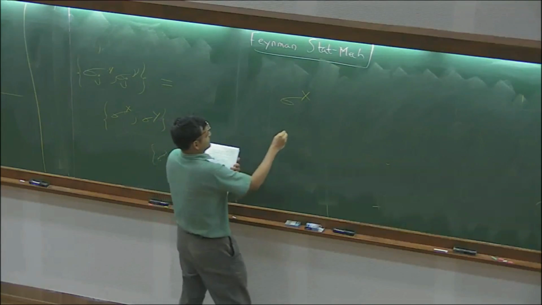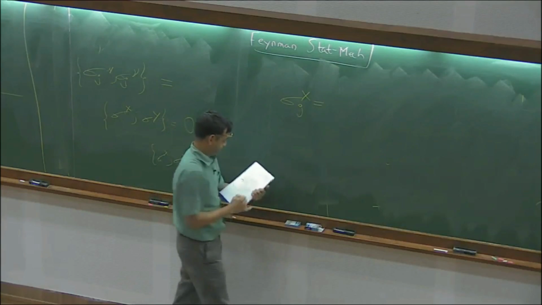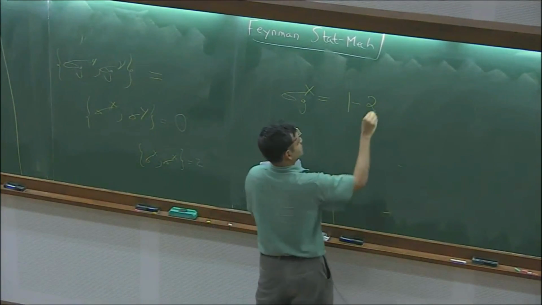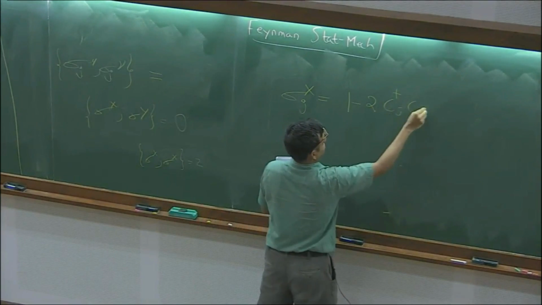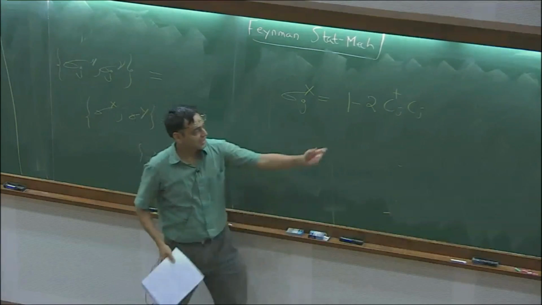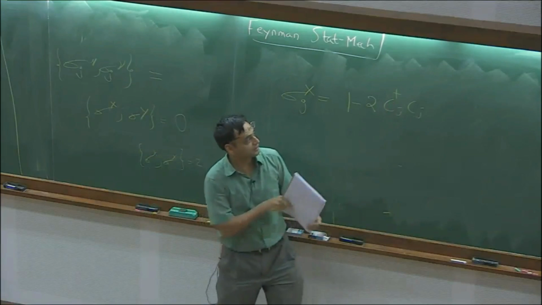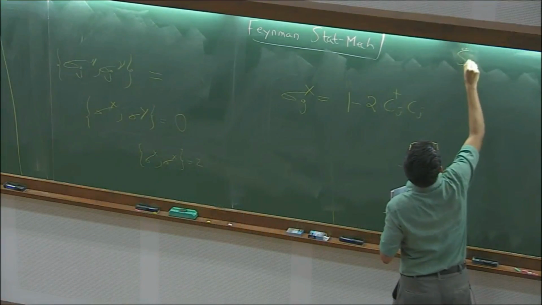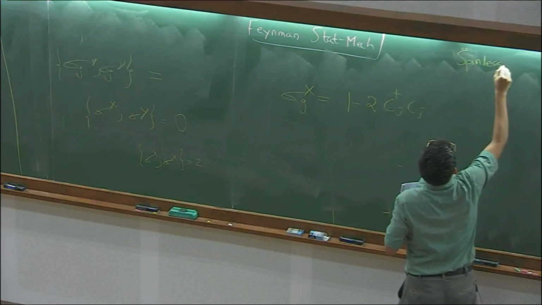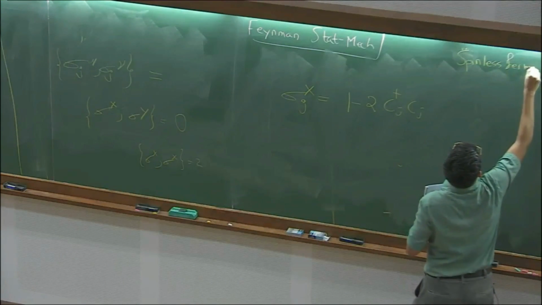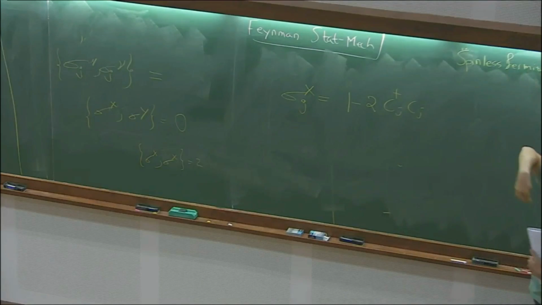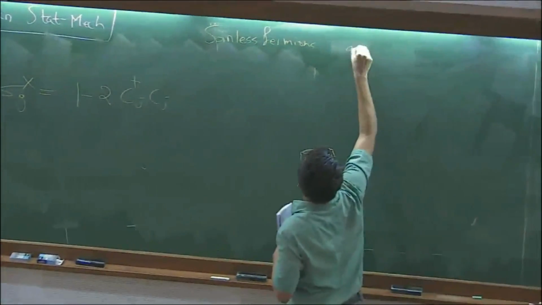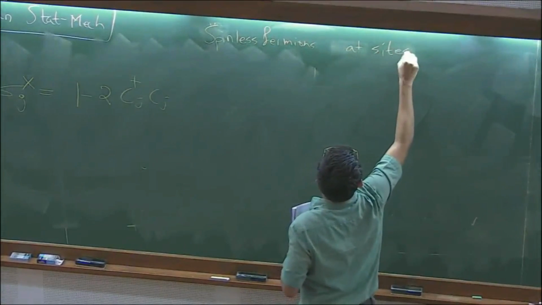Okay? Sigma x at a site j we'll write as 1 minus 2 times C dagger j Cj. So C dagger j Cj is, so let me just say, we have spinless fermions that can be created or destroyed in orbitals j at sites j. Right?